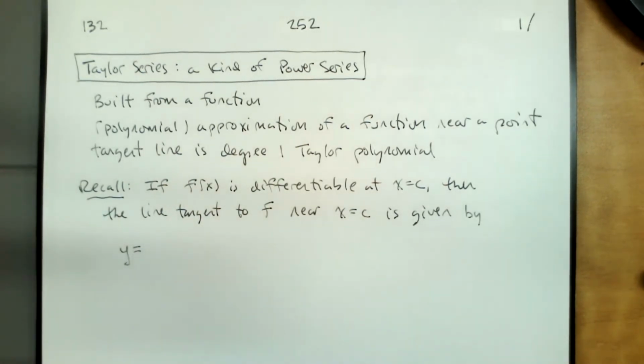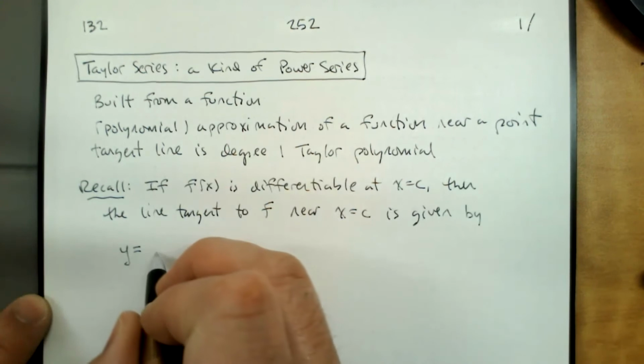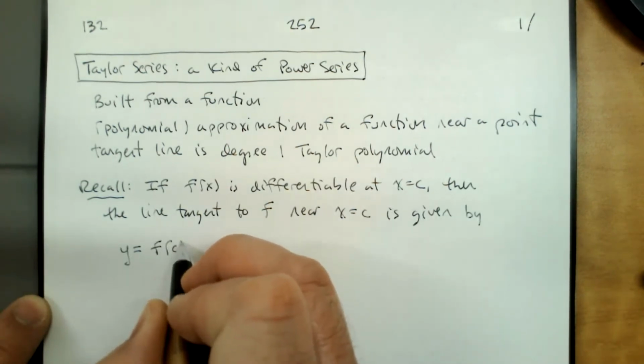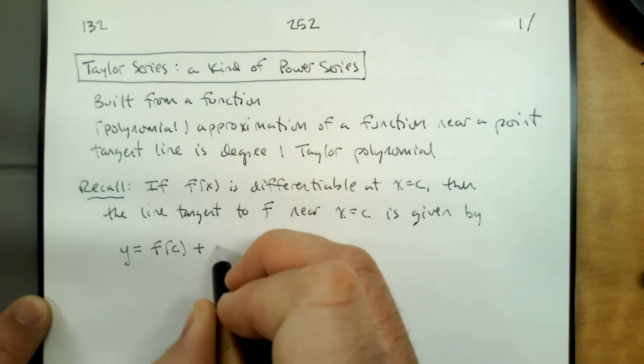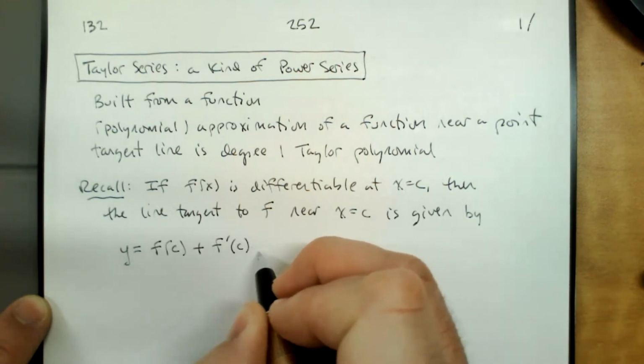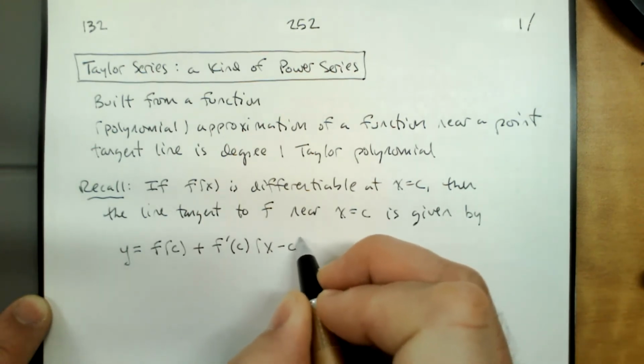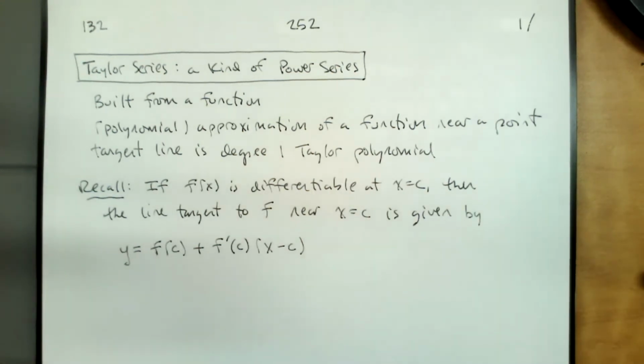Instead of slope-intercept, I'm going to go with a variation on point slope. And I want it to be how we think about linear functions. Here's our starting point. And then we have a slope given by the derivative at that point. When x is equal to c, the x minus c part is 0.